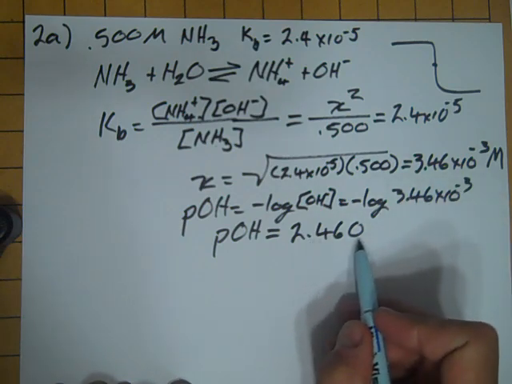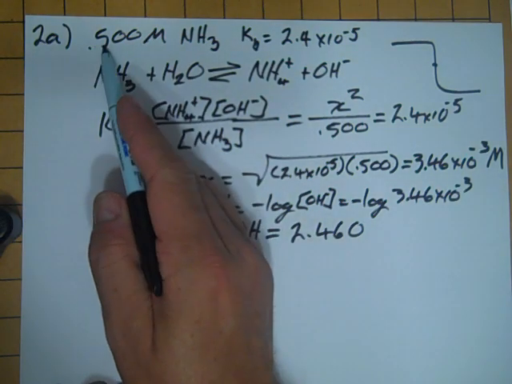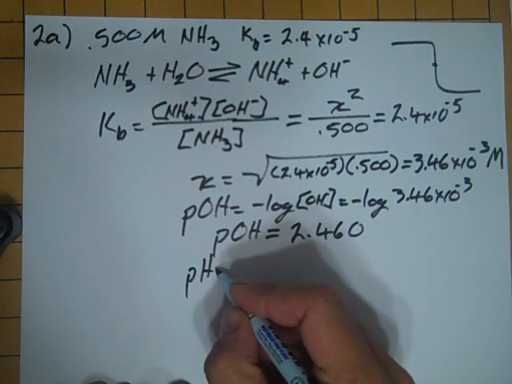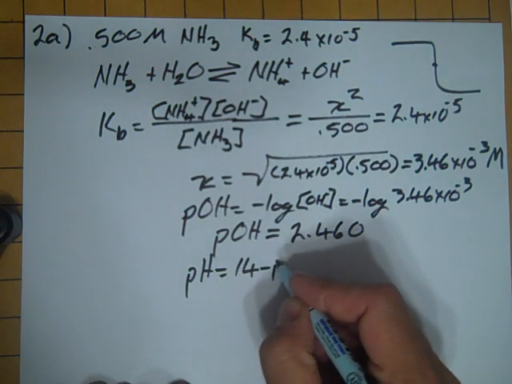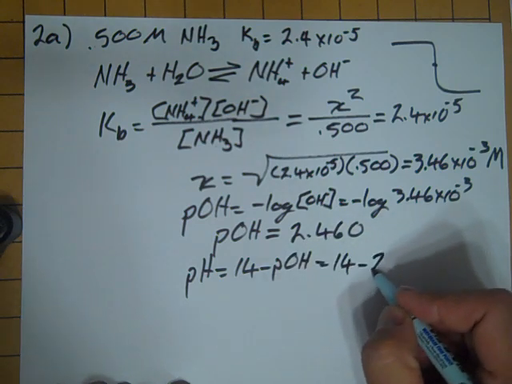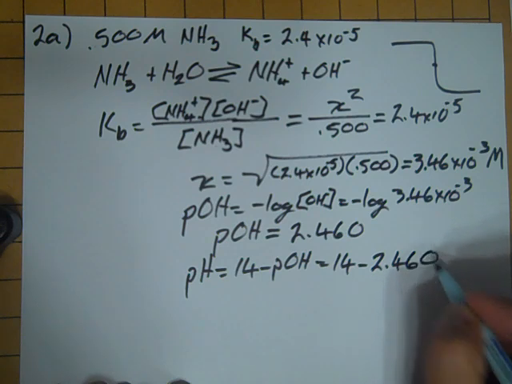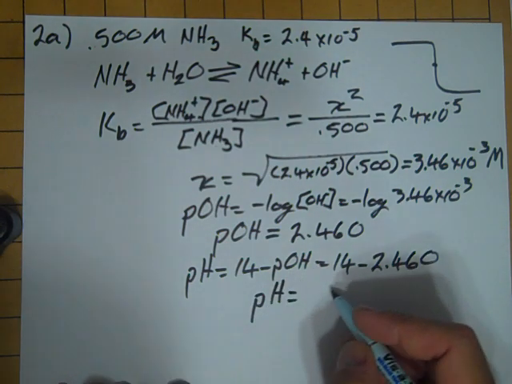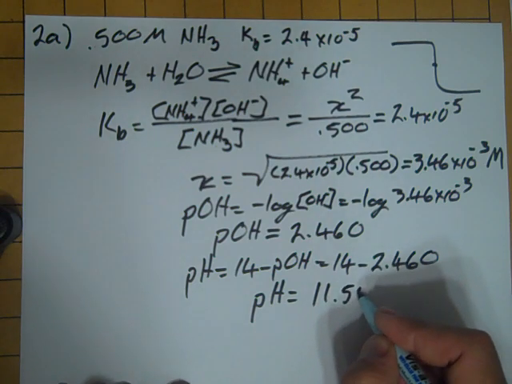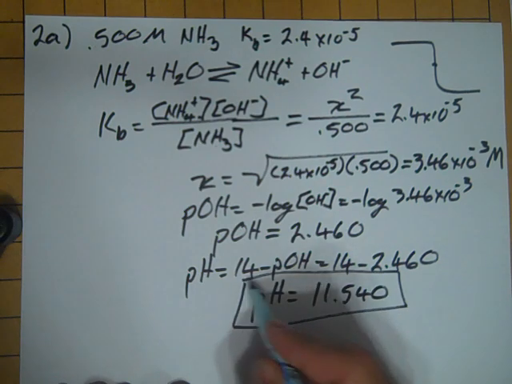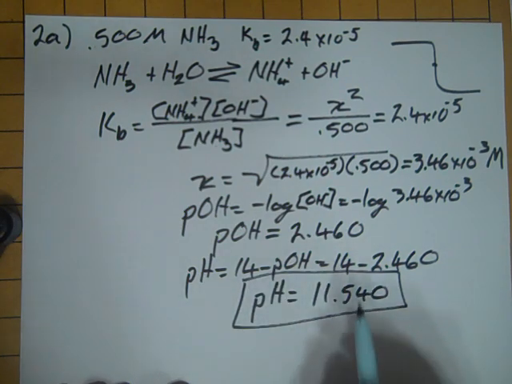I have 3 after the decimal because I have 3 in my measurement when I started. So pH equals 14 minus pOH, which equals 14 minus 2.460. So pH equals 11.540. Again, 3 after the decimal here because I had 3 significant digits up there.